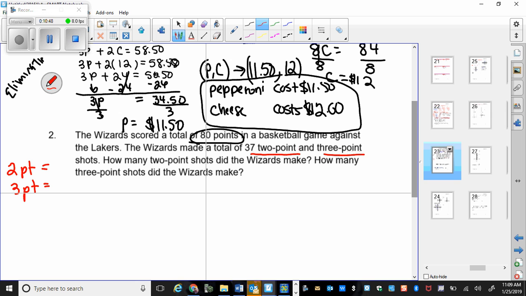So let's use X and Y. Let's look at the totals: total points, and then total shots. Things I know.